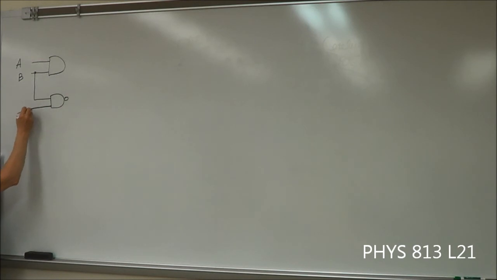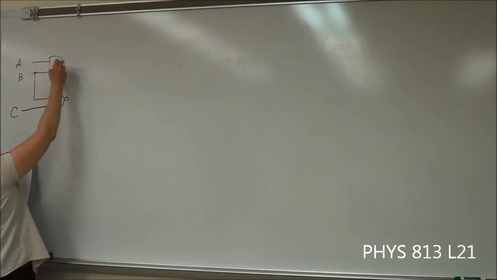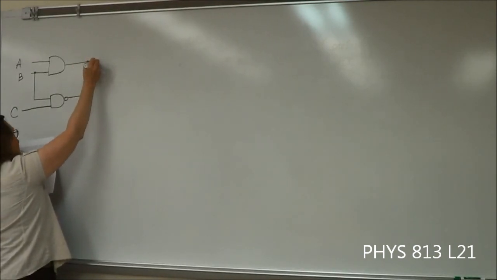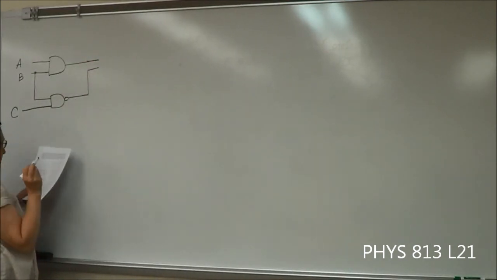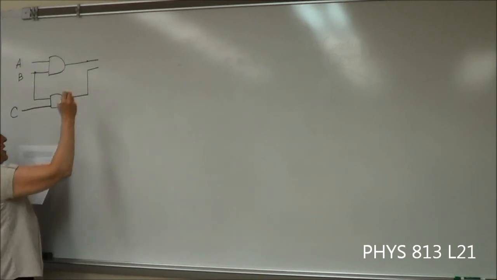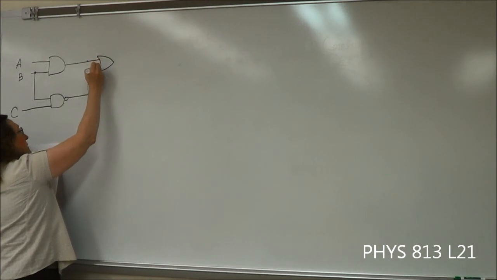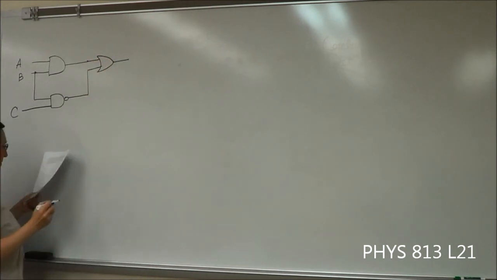And then we have a third one that's a C. Okay, then the output of this goes over here, and the output of the NAND gate goes up here, and then these go, that should be a curved line, an OR gate. And then we have the output.